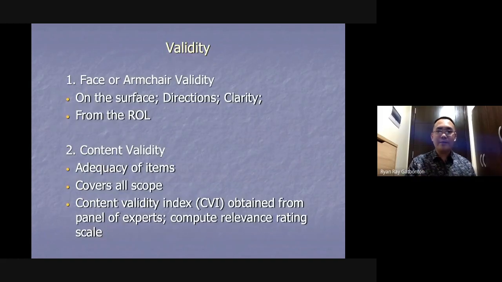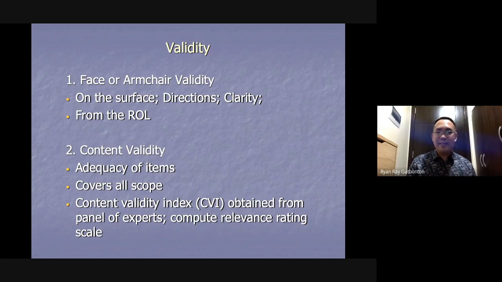When we say face or armchair validity, face, ibig sabihin, on the surface, sa pag-unang tingin. Okay? Mukha bang tool ang iyong tool? So face or armchair validity is looking at the directions and the clarity of your tool. If it has instructions, if you ask a question on a scale, there is a scale. Okay, so that's face or armchair validity.